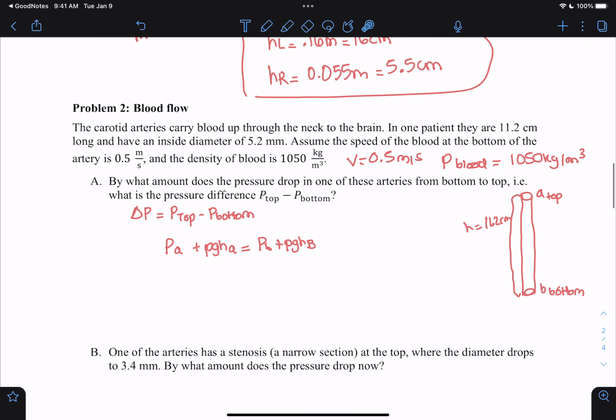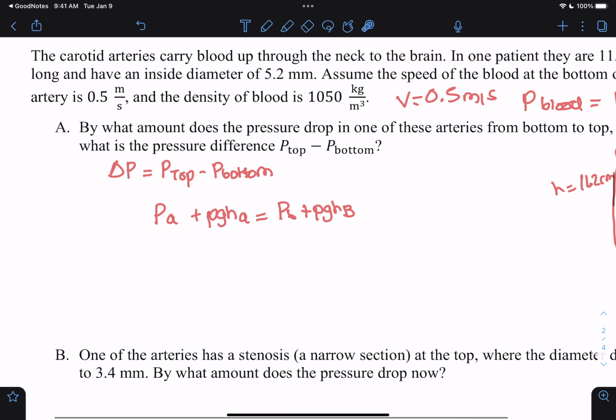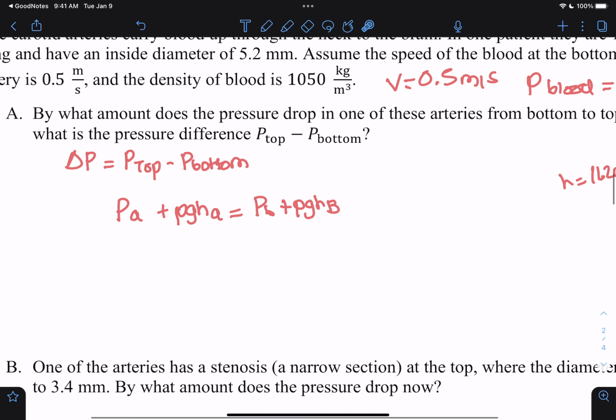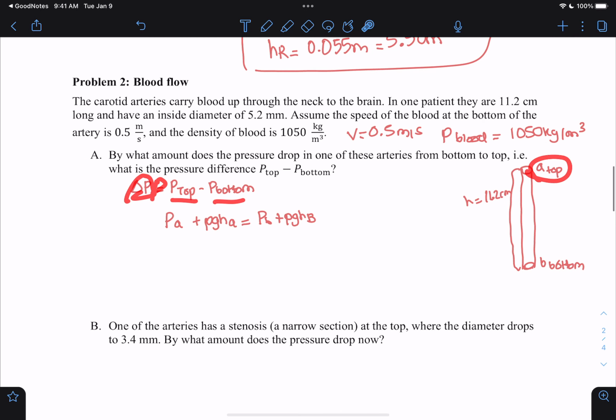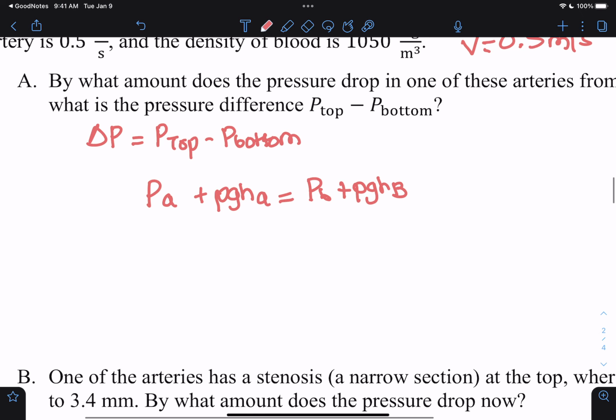But what we can notice is that they're asking us for P top minus P bottom, the delta P, the pressure difference. A is top, B is bottom: pressure at A at the top, pressure at B at the bottom. So we can rearrange our equation to do P top minus P bottom.